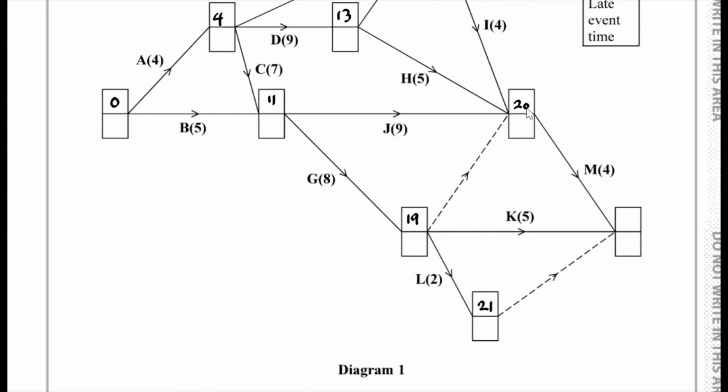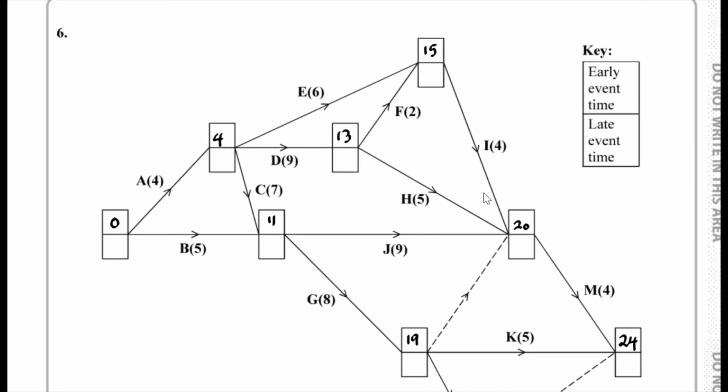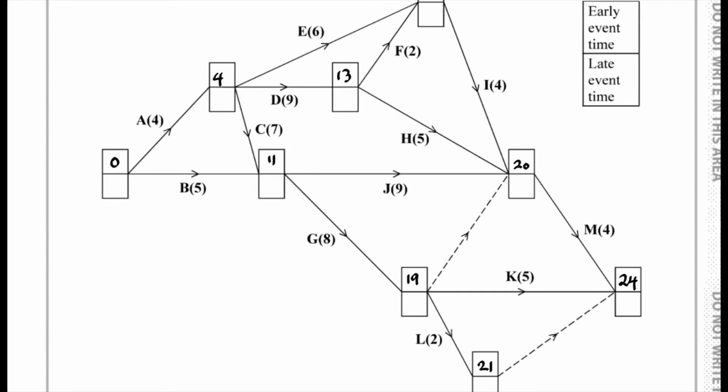We can add the 4 from M to 20, which brings us up to 24. Or we can add the 5 from K to the 19, that brings us up to 24. So 24 goes inside here. And therefore, you'd find right now all the forward passes have been completed.